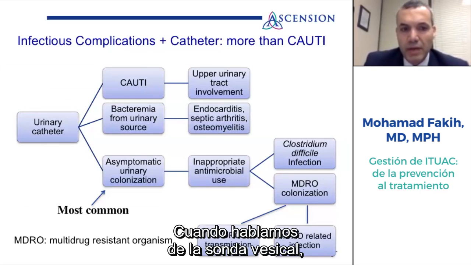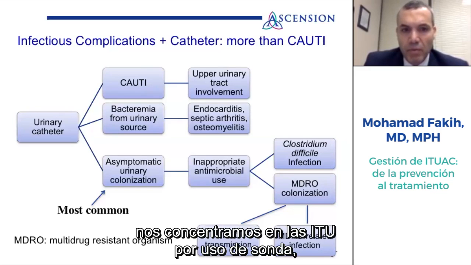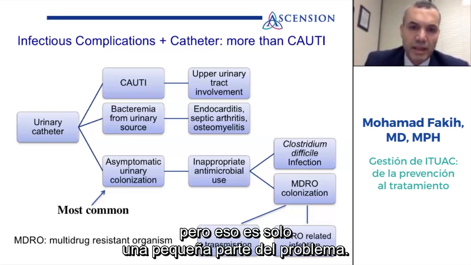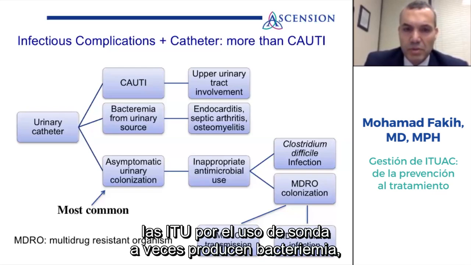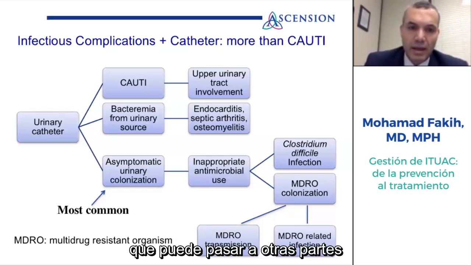So when we look at the urinary catheter, we focused on catheter-associated UTI, but it's a very small part of the issue. When you look at other areas that are associated with bad outcomes, with catheter-associated UTI, sometimes you may get bacteremia, and then this can seed certain areas of the body and can lead to bad outcomes.